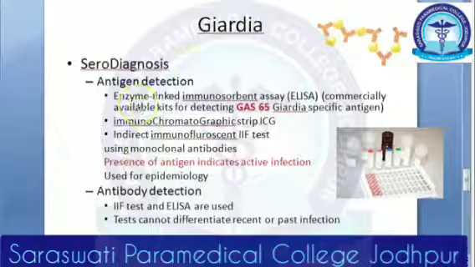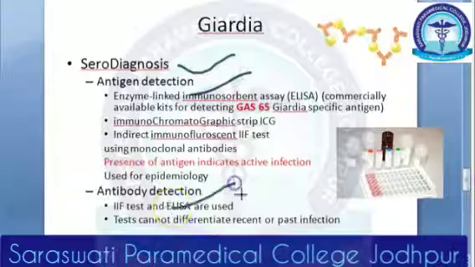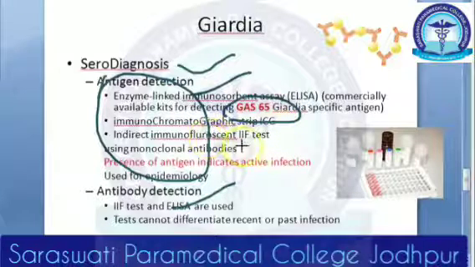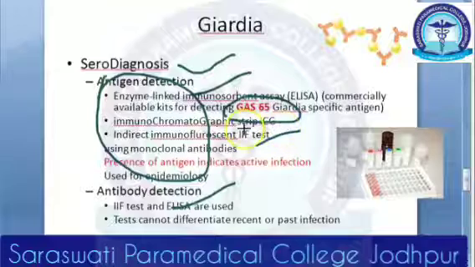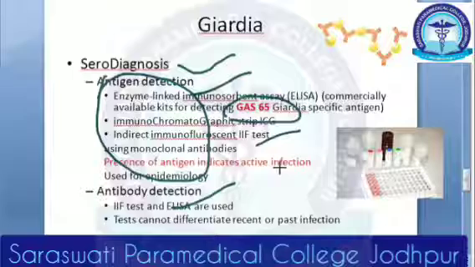Then serodiagnosis. In serodiagnosis, you will do antigen detection and antibody detection. You will use ELISA. You will detect this GSA 65 antigen. You can use indirect immunofluorescence, immunochromatographic strip, etc. You will use monoclonal antibodies to detect the antigens.